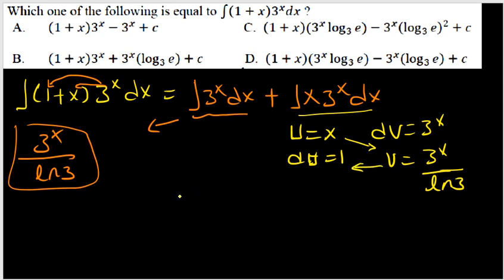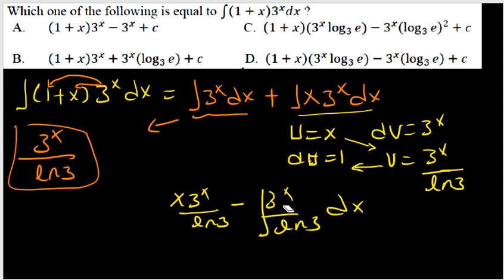So when you multiply, x 3 to the power of x over ln 3 minus the integral 3 to the power of x over ln 3 dx. uv minus the integral v du, it will be.